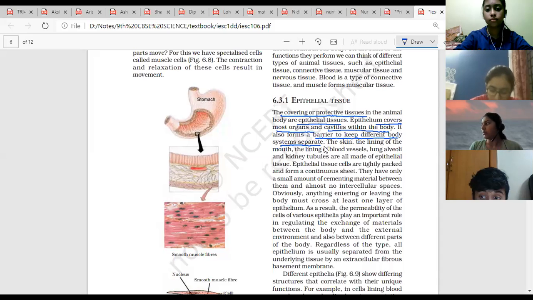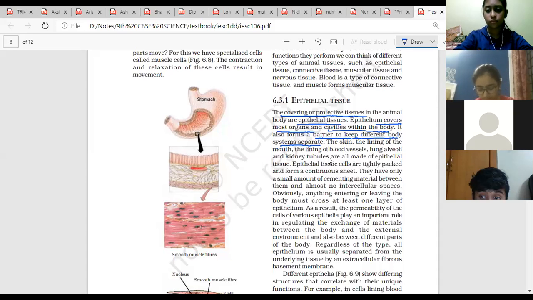The skin, the lining of the mouth, the lining of blood vessels, lung alveoli, and kidney tubules are all made up of epithelial tissues. Epithelial tissues are tightly packed and form a continuous sheet.